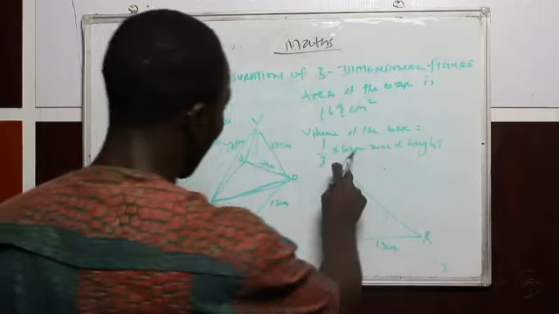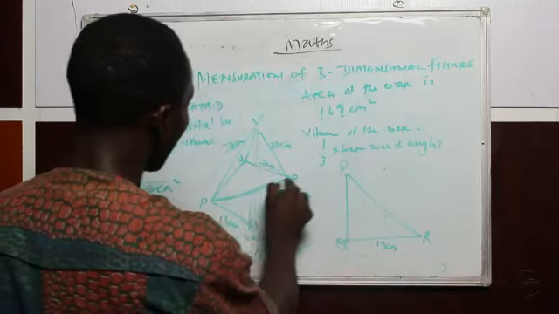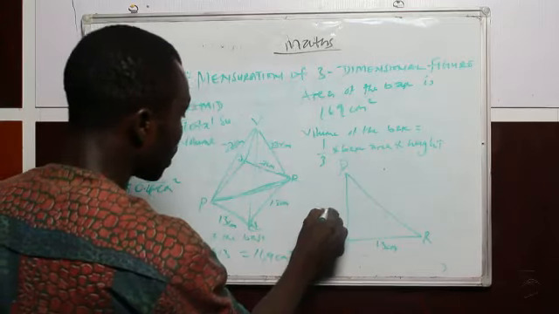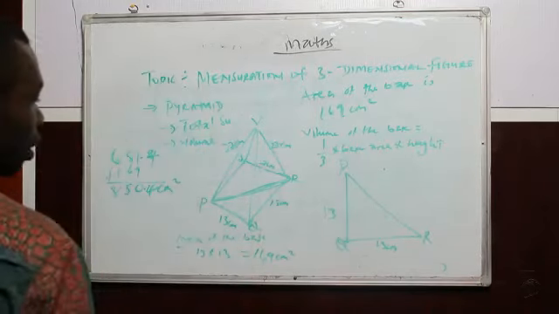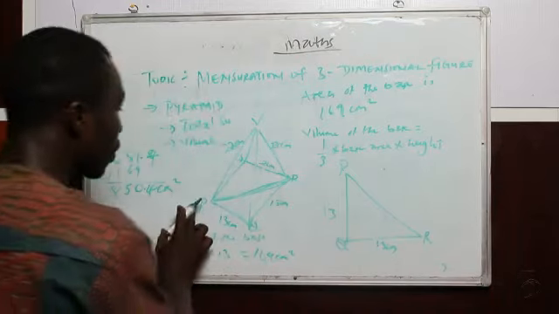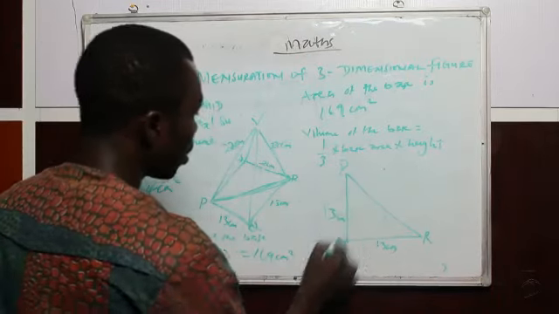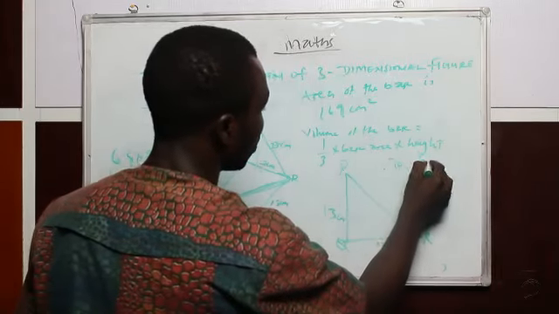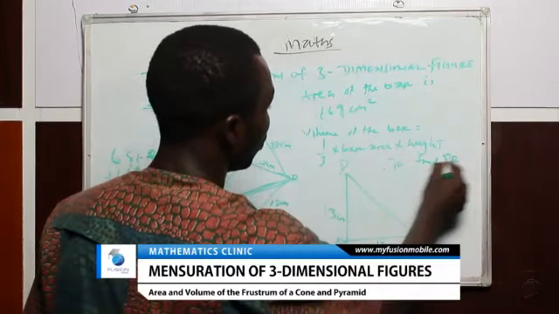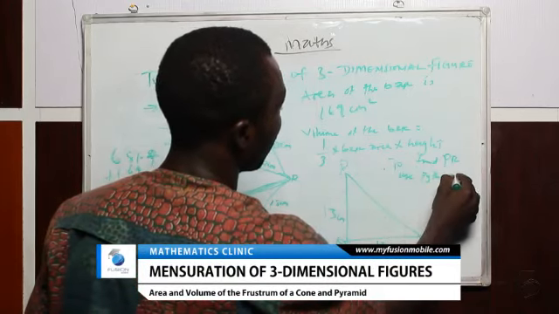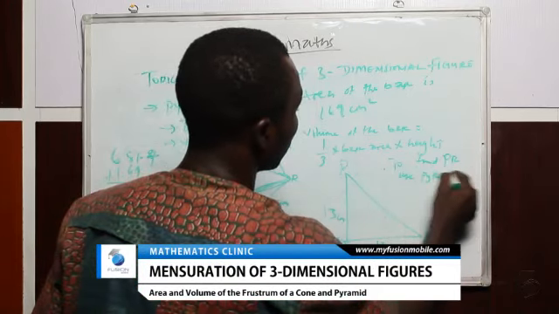Yes, because PR is the longest, and that's what we are going to calculate for. We already know our PQ to be what? 13 centimeter. Absolutely correct. So QR is 13, then PQ is 13 centimeter. Now, to find PR, use Pythagoras theorem.